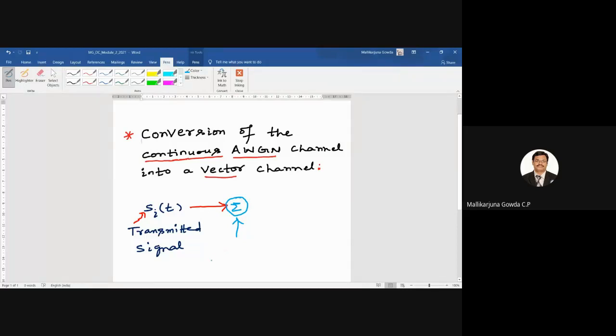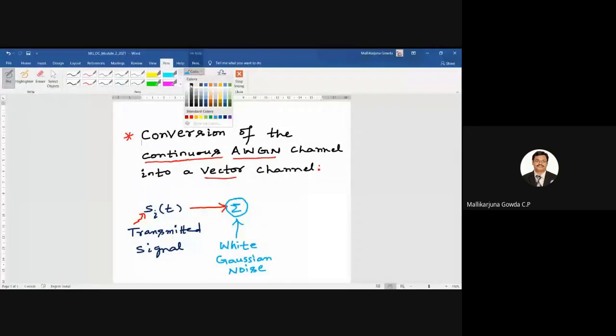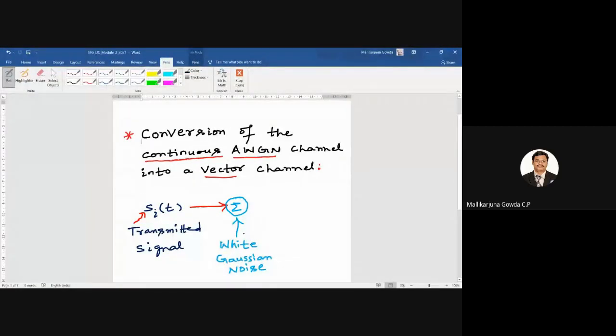So this we call a white Gaussian noise, which will be denoted by a letter W of t, or variable I can say W of t. So this is the transmitted signal, and this white Gaussian noise will be added in the channel.